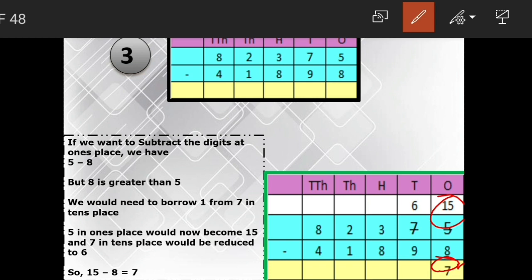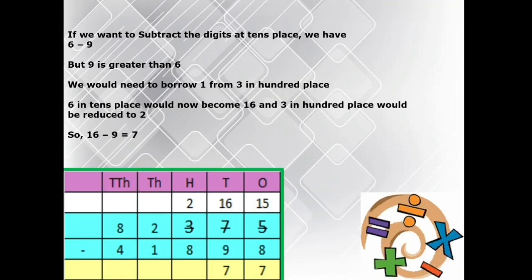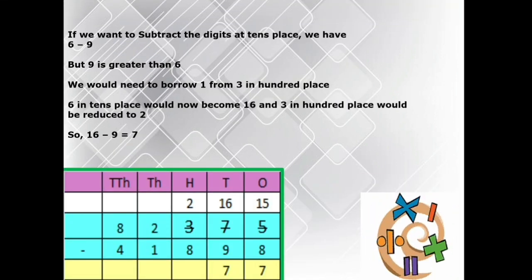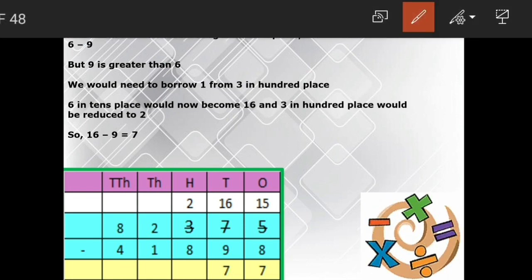Now because we borrowed 1 from 7, 7 became 6. Again 6 minus 9 is not possible because 9 is greater than 6. So in the next step what we'll do, we'll borrow 1 from 3 so that 6 becomes 16. So you can see we have borrowed 1 from 3 and 6 became 16 here.